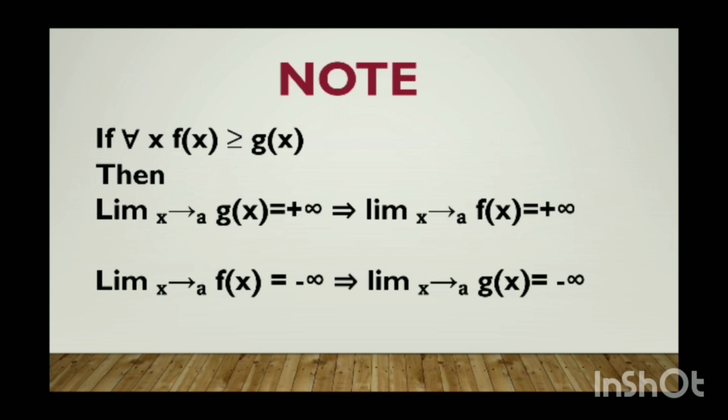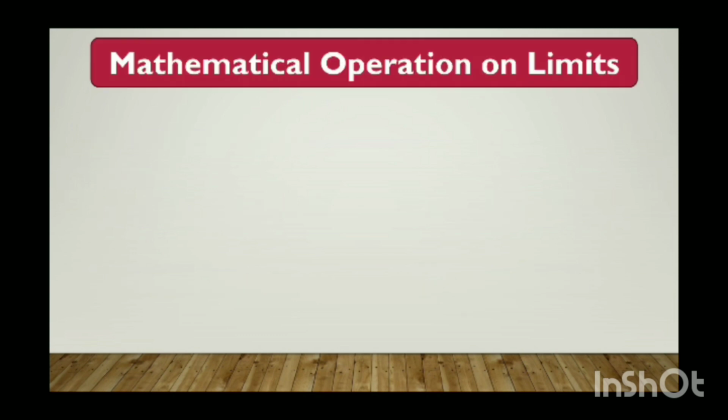On the other hand, if the limit of the bigger function, which is f of x, is negative infinity, then it means that the limit of the smaller function g of x will also be negative infinity. So that's the first case study.